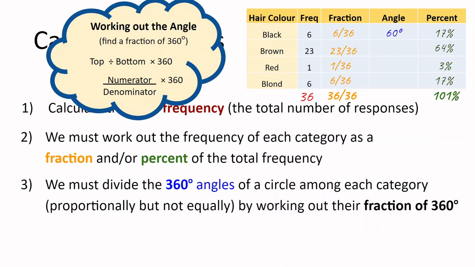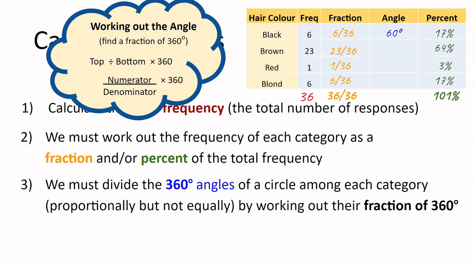However, I can make it even simpler for you. Sometimes you might prefer to simply work out how many degrees each person would represent. In this example here, there are 36 people altogether.